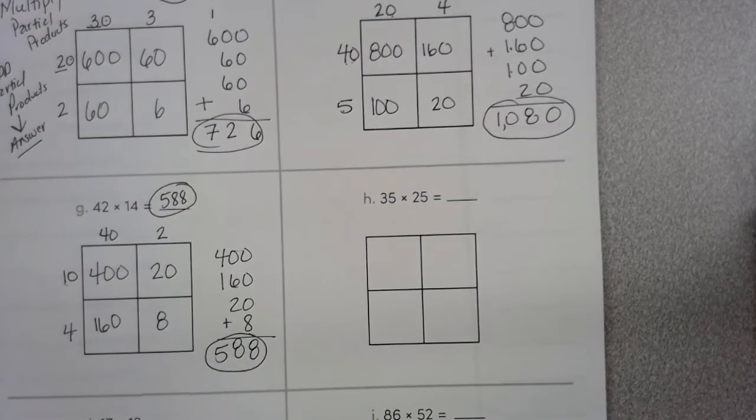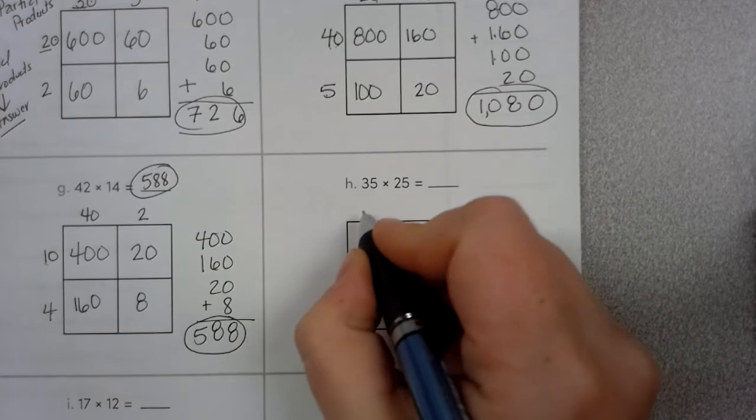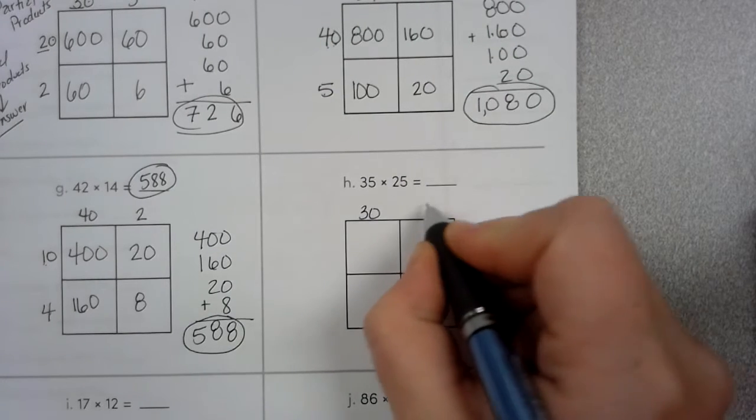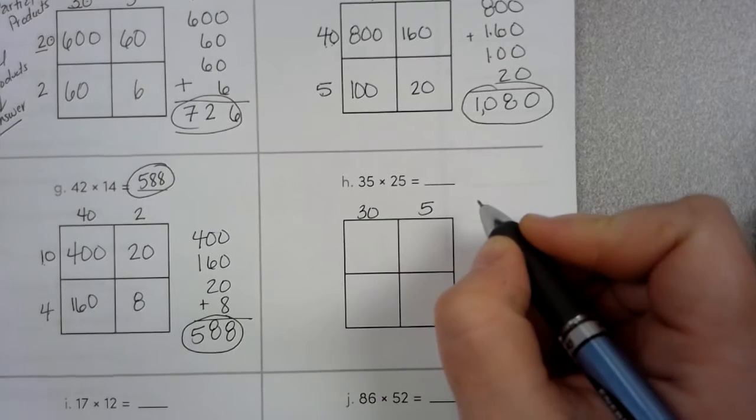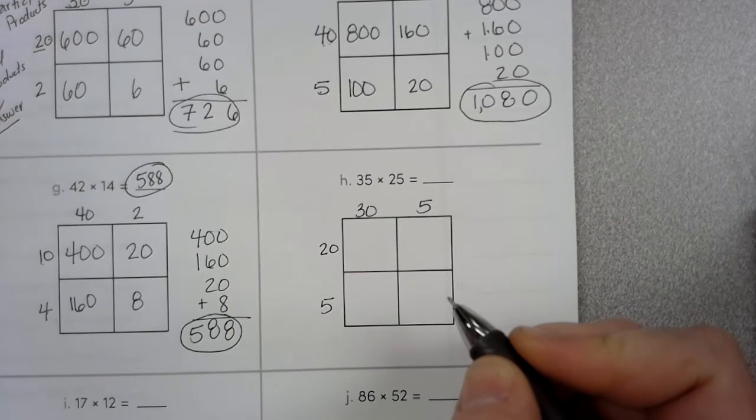All right. So next one is 35 times 25. So we're going to decompose. 35 decomposes into 30 and 5. 25 decomposes into 20 and 5.